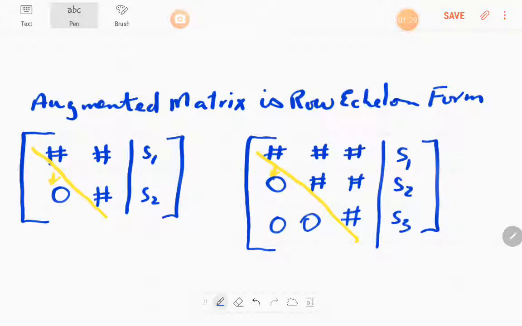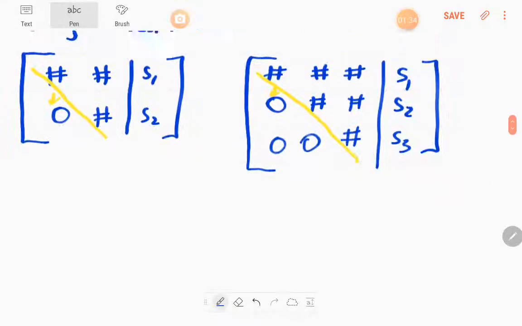Okay, so let's get into doing an example.